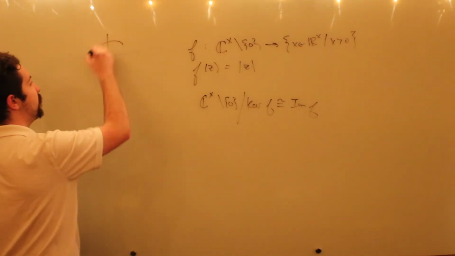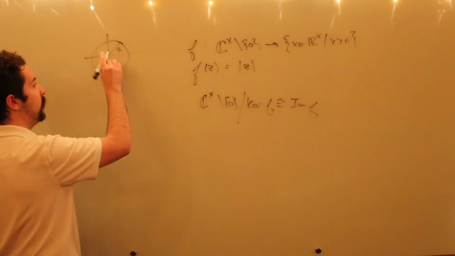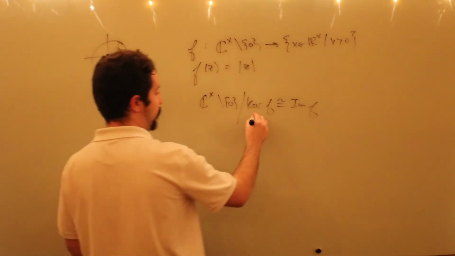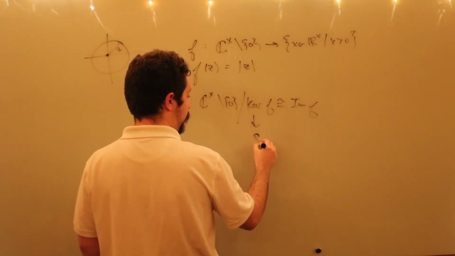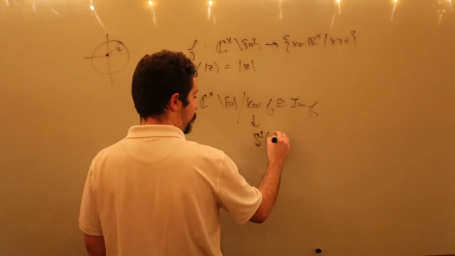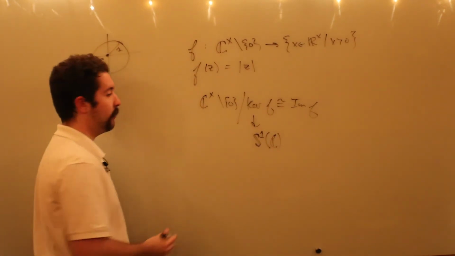In other words, their distance from the origin is 1, and we're going to have exactly the unit circle, which is sometimes denoted as S1, or S1 in its complex number manifestation, so I'll write it that way.